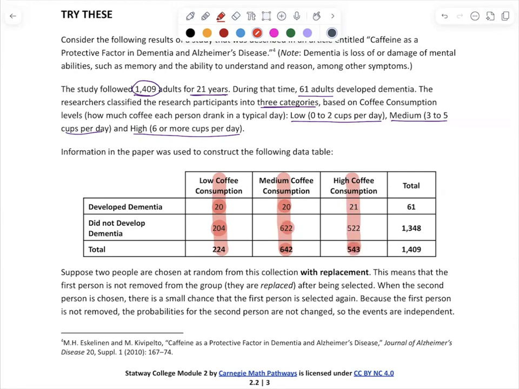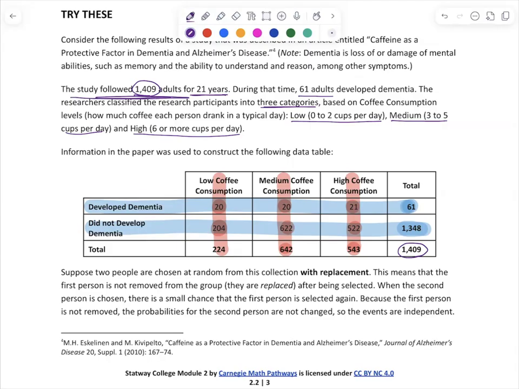Out of 543, 21 developed dementia and 522 did not develop dementia. So in total, the number of people who developed dementia in this study is 61, and the number of people who didn't develop dementia in this study is 1,348. So in total, as you can see, you have 1,409 participants in this study.